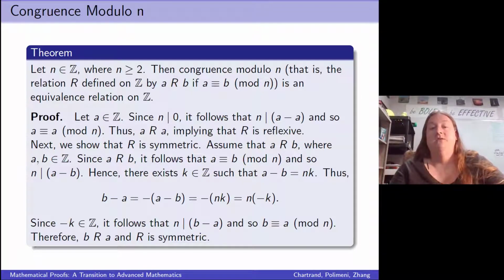We need to show that it's reflexive, symmetric, and transitive. So first we're going to let a be some integer. Now we know that n divides 0. Every number divides 0. So it follows that n is going to divide a minus a. So a is congruent to a mod n. Therefore we have that our relation.